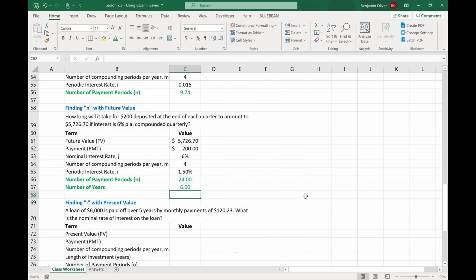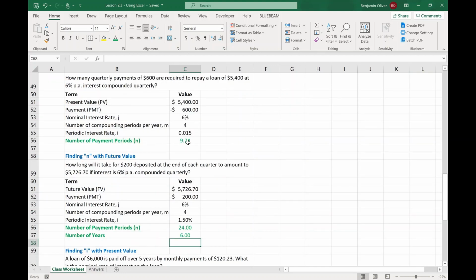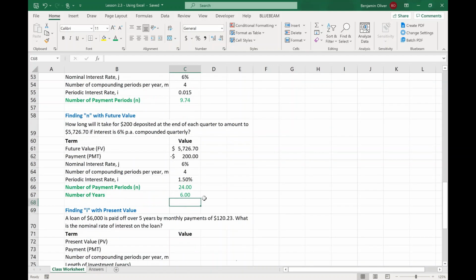And if we do that, it comes out with 6 years, okay? So you can see in my question, I picked a very specific amount of money at the end because I wanted to get a perfect decimal as opposed to our example up here where it was 9.74, okay? So that's a way that you can go further, to not just find the number of payment periods.